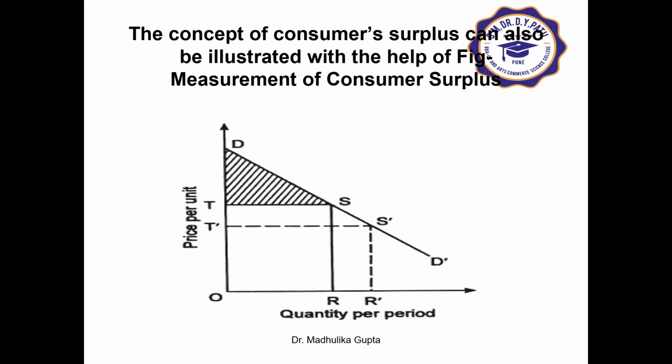You understood this? A difficulty is that as the price falls, the real income of the consumer increases. So to get a more accurate measure of the benefit of the surplus, an adjustment must be made to offset the effect of the difference in real income at the higher price RS and the lower price, R apostrophe S apostrophe.